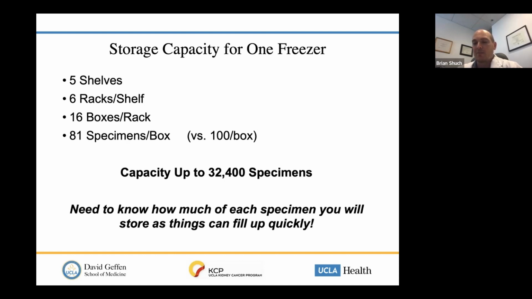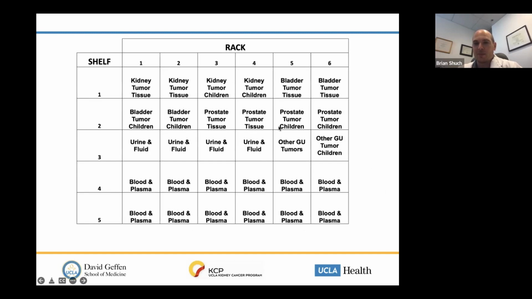But it depends. If you're only collecting kidney, and only your own patients, it may not fill up that quickly, unless you're like Bob Motzer and you have hundreds of patients a month, which I'm sure, Ritesh, you see that. But you basically organize it very well, know where everything is. So there's a clear plan of where you put your plasma, your blood, your urine, and then children.